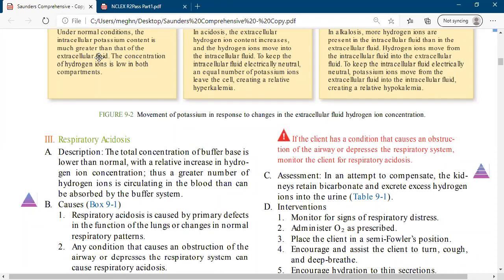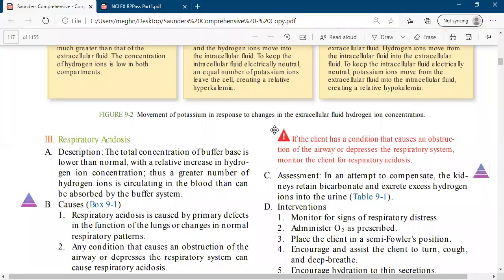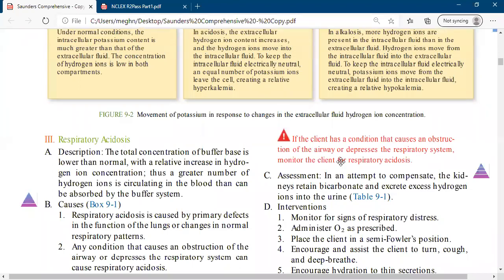So the clinical diagnosis would be respiratory acidosis or respiratory alkalosis, because the problem is only inside the lungs. So a lung problem diagnosis, not a metabolic acidosis or alkalosis. So we have to monitor the client for respiratory acidosis.